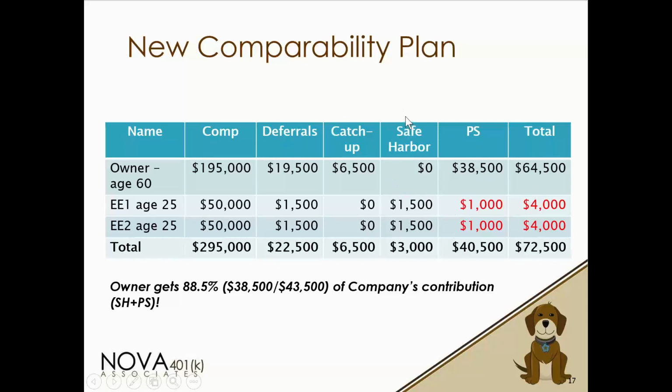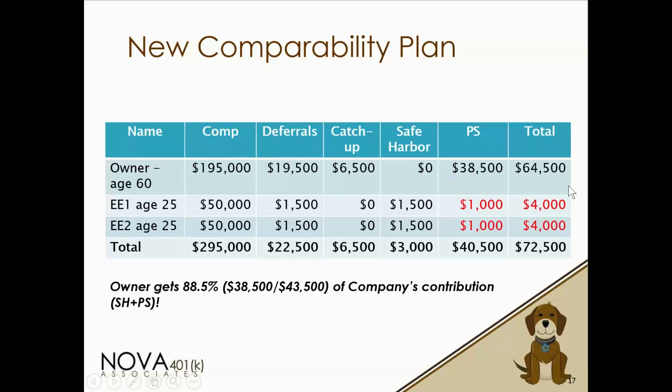So most of the time we like to design our plans using the safe harbor contribution. There are 2 different ways to do safe harbor. You can do safe harbor matching, or you can do a safe harbor profit sharing contribution. We prefer the safe harbor profit sharing contribution variety because the safe harbor match contribution does not count when looking at profit sharing contributions.